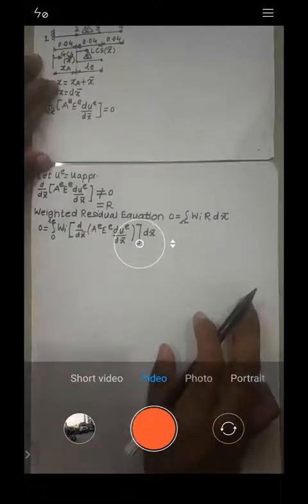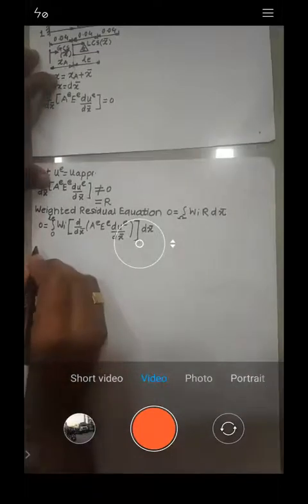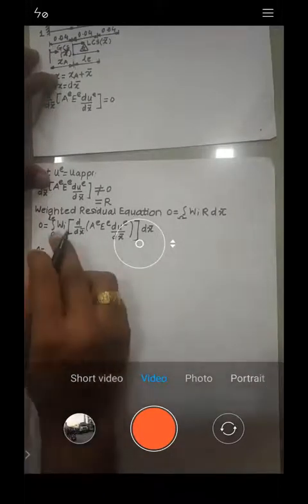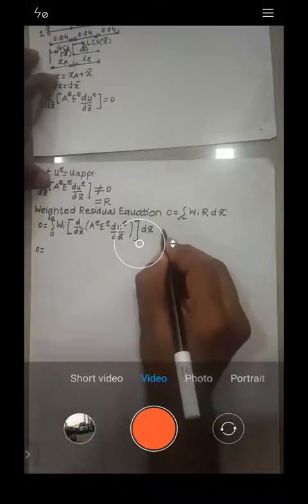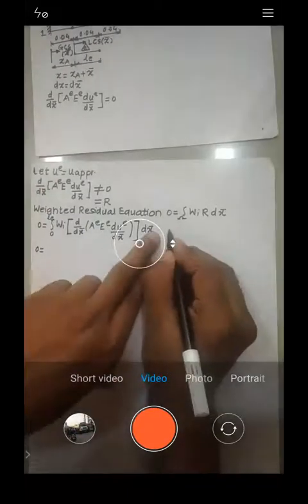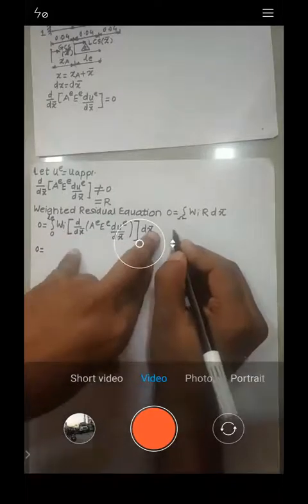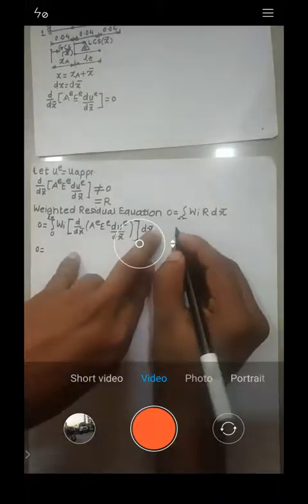Now let's solve this equation. So 0 is equal to, now tell me, what is the integration of uv dx? This is nothing but integration of u into v dx.